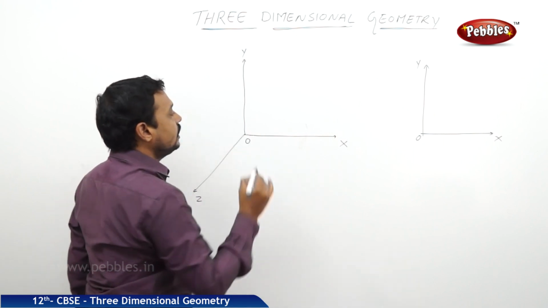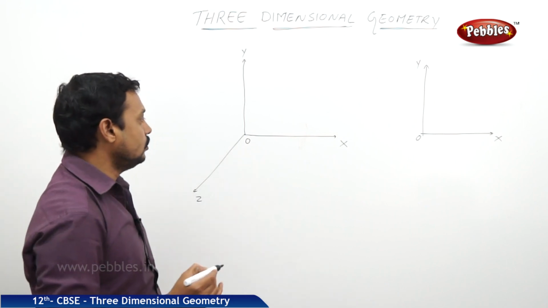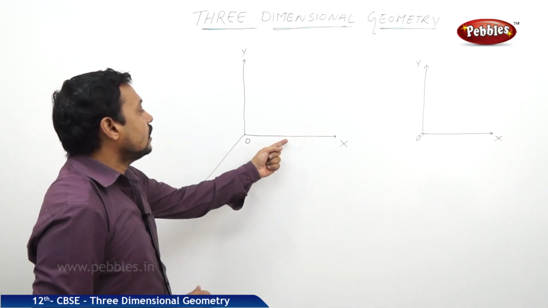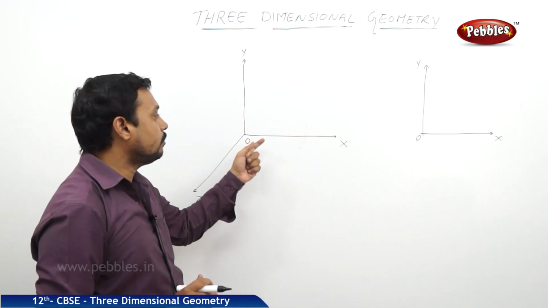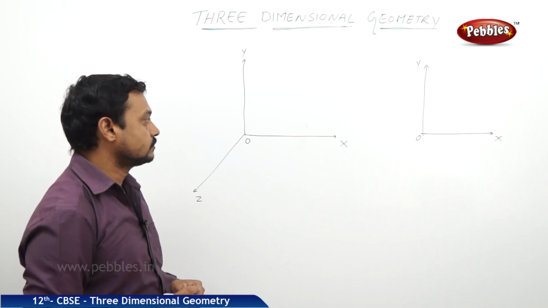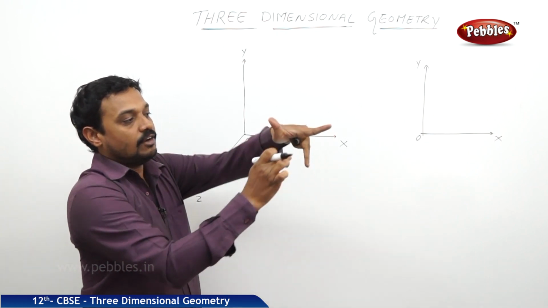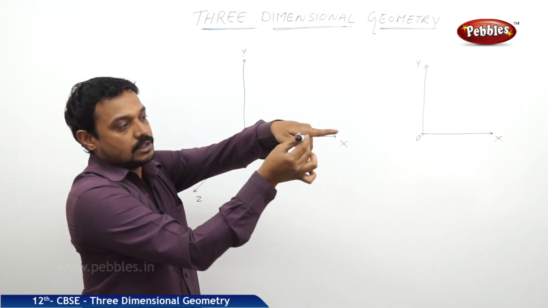The point of intersection of these three axes is the origin, here also denoted by O. These three coordinate axes are mutually perpendicular to each other. This is the x-axis, this is the y-axis, and this will be the z-axis.